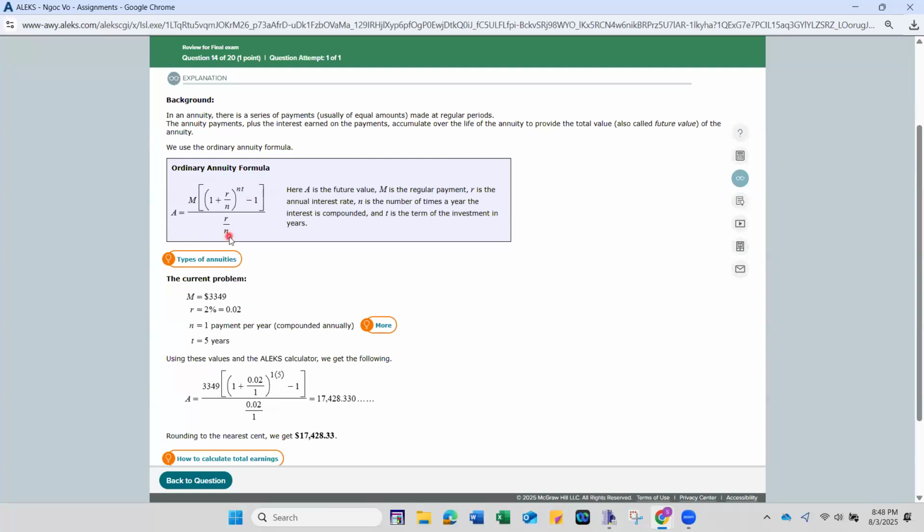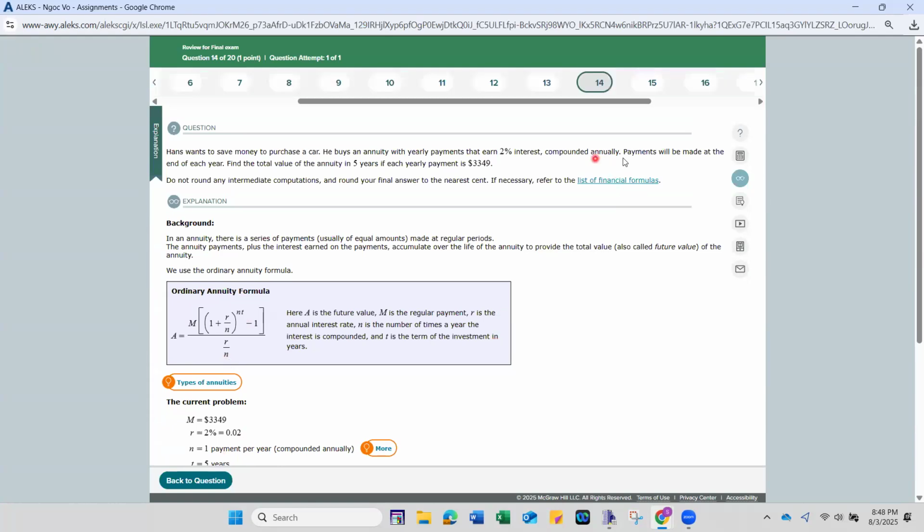And yes, the N is 1 here. Why? Because it is compounded annually. That's the reason I say there are two keywords. This word represents annuity. Annuity means which formula you're going to use. And then another one is compounded annually, which represents what your N value is.